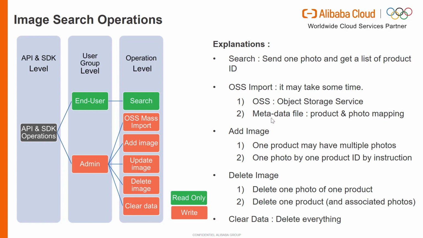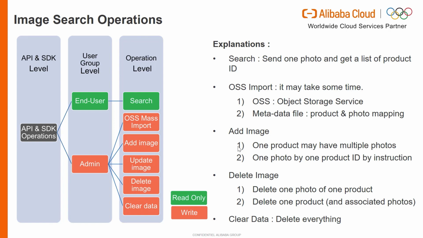Then you can prepare a metadata file, which is a JSON format file. It contains a list of products and their associated photos. After that, you can operate this action. Then millions of photos will be inserted into your image search engine. It may take some time if you have a lot of photos.